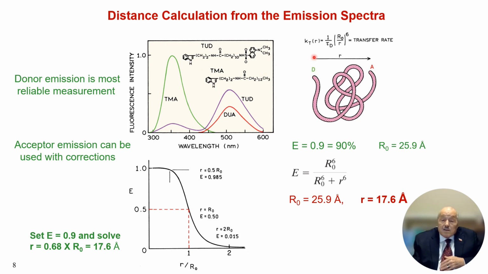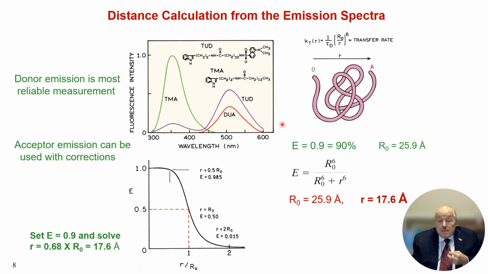So let's look at another example here, a distance calculation from the emission spectra. We use two different molecules here. We have a molecule here with an indole group that emits around 350 nanometers, and then a long alkyl chain, and a dansyl group on the other end, which emits at around 500 nanometers.